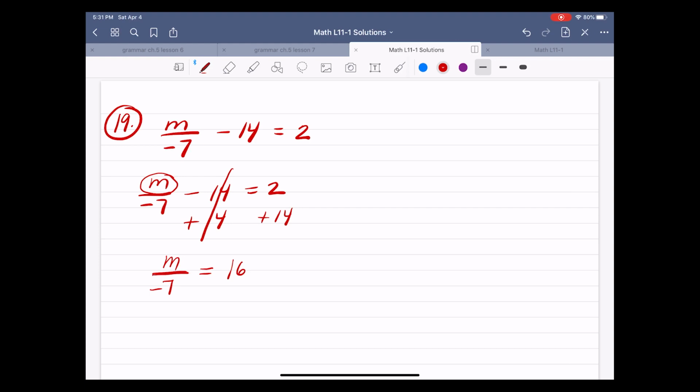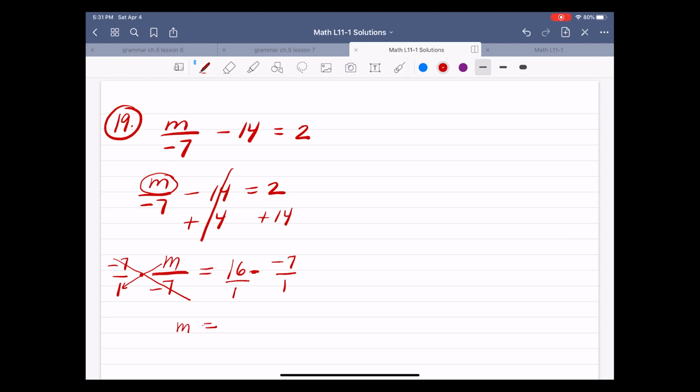Then I have m divided by negative 7. What's the inverse operation of divide by negative 7? It's going to be multiply by negative 7. If I multiply the left, I have to multiply the right. And I can put 16 over 1 and turn it into a fraction. No big deal. Negative 7 and negative 7 cancel. I'm left with m divided by 1, which is m.